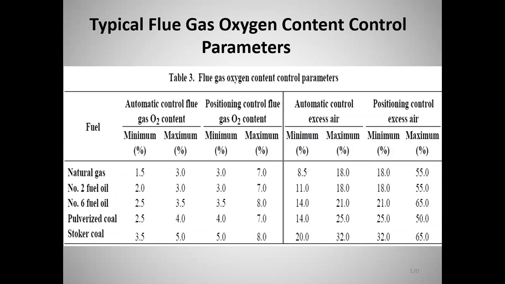So whatever stoichiometric air would be, you would be introducing an additional 8.5%. That's considered very, very good. At the 3%, that equates to 18% excess air. And likewise, at the 7%, the maximum on the positioning O2 control, that's 55%.